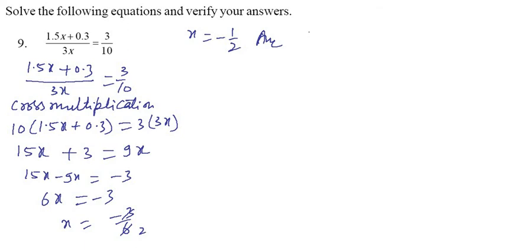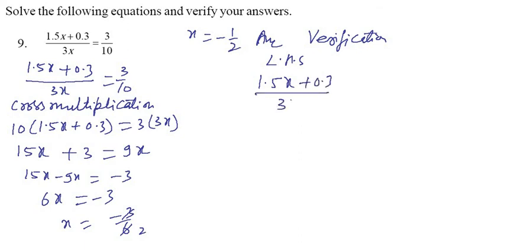Now verification. How can we verify it? Taking the left hand side of this equation. So the equation is 1.5x plus 0.3, divided by 3x. Now put the value, that is minus 0.5. 1 by 2 is 0.5 with minus sign.